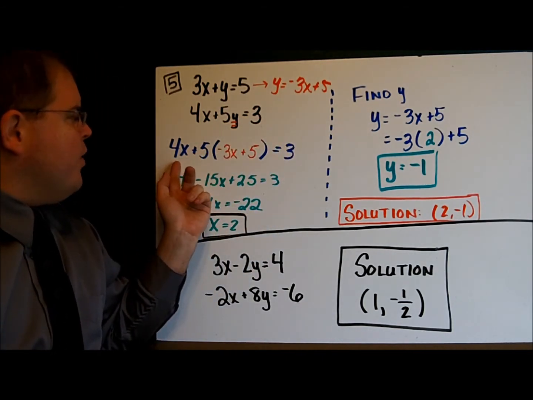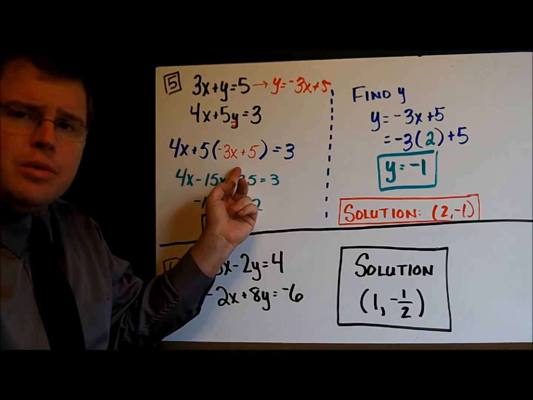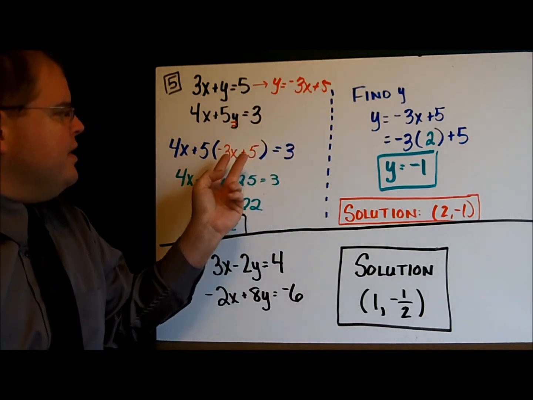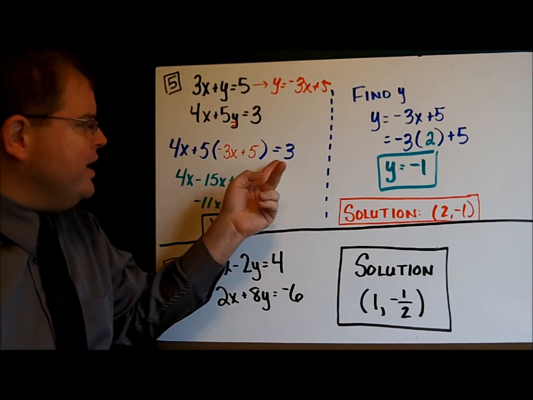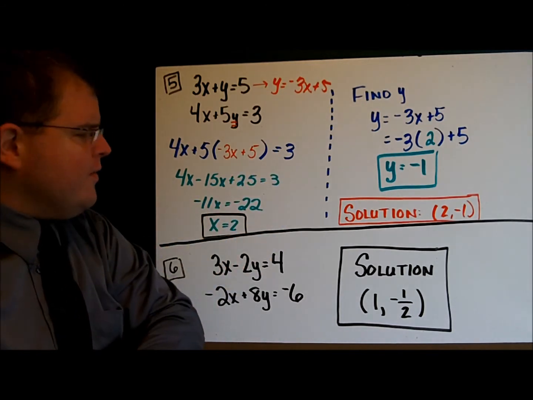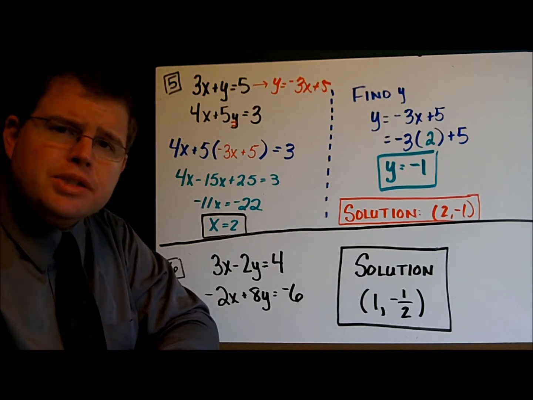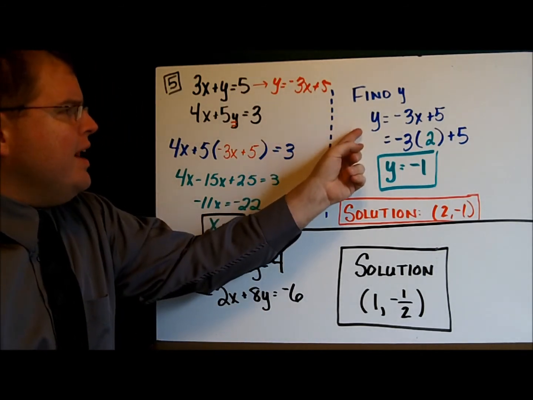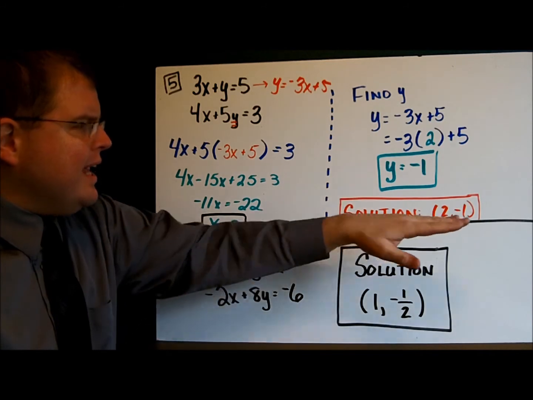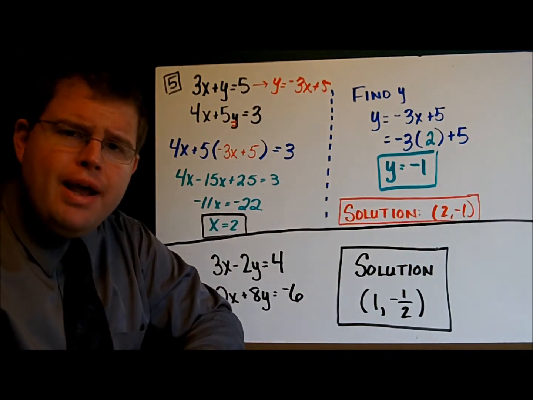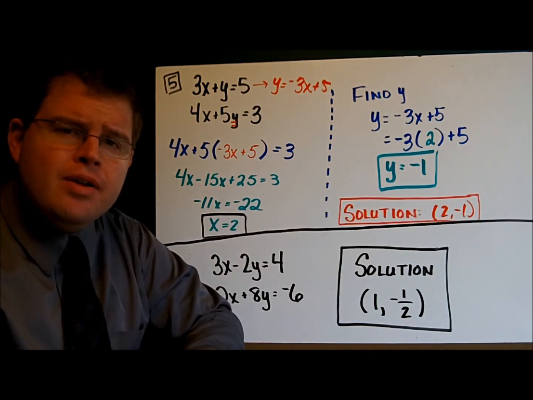So here we go, 4x plus 5, this was the y, but we replaced it with negative 3x plus 5, equals 3. I solve and get x equals 2. Once I find x equals 2, then I can go ahead, find the value of y, and that gives me my solution, the ordered pair 2, negative 1.